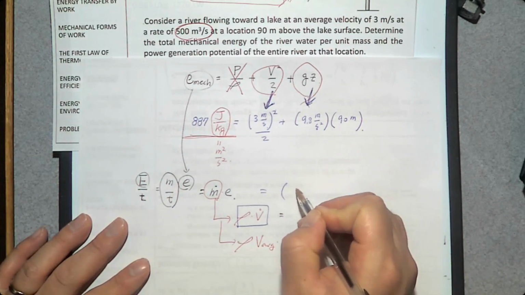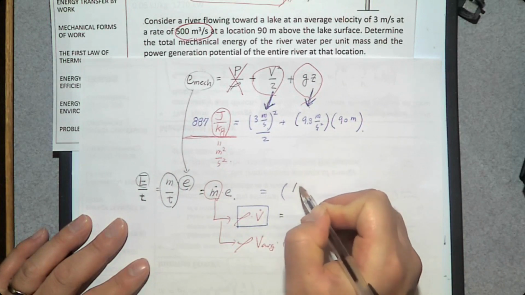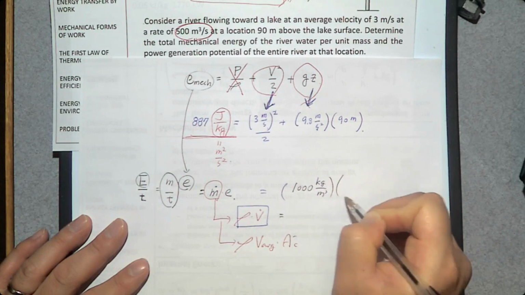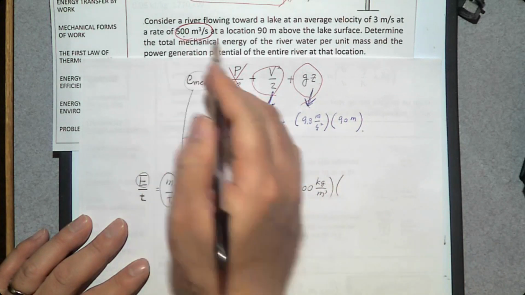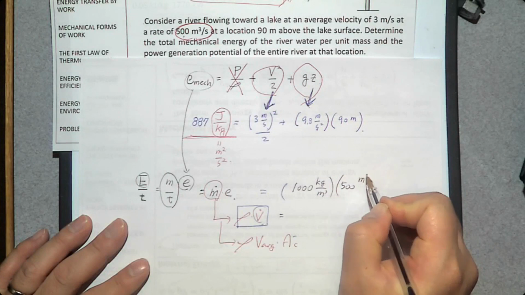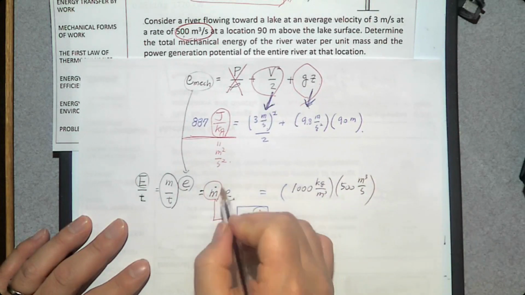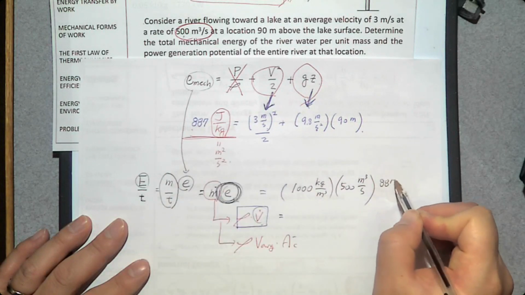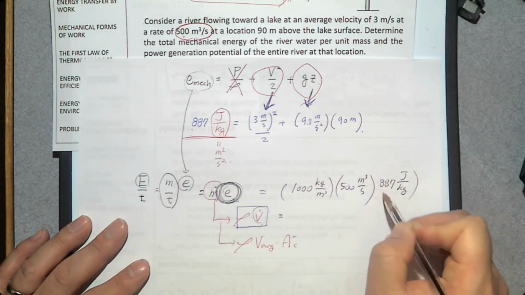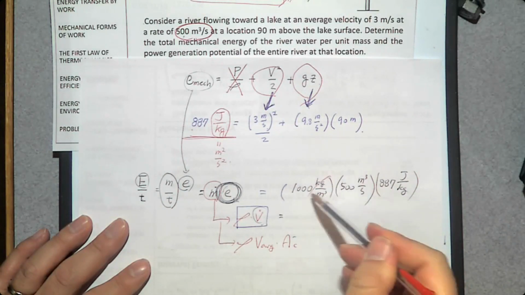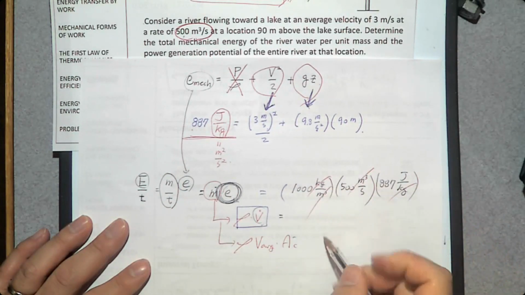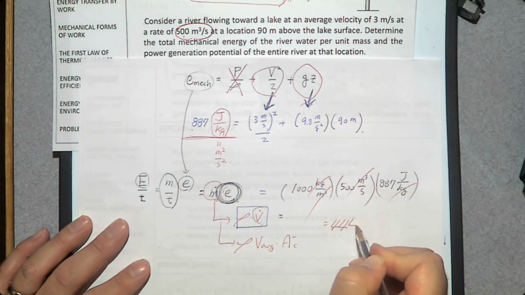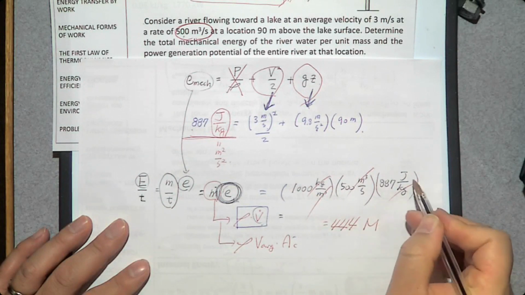So that is 1,000 kilograms per cubic meter times volumetric flow rate 500 cubic meters per second times specific mechanical energy 887 joules per kilogram. So kilograms and cubic meters cancel, and we get approximately 444 megajoules per second, or watts.